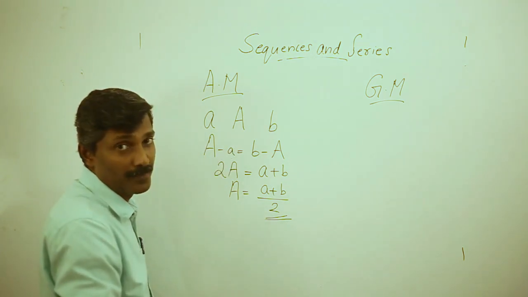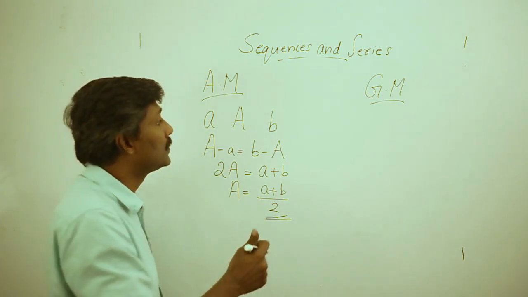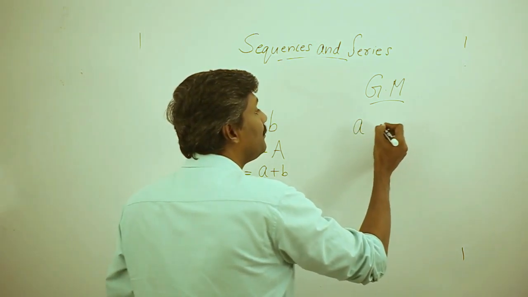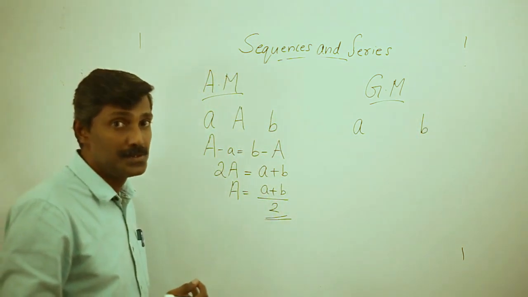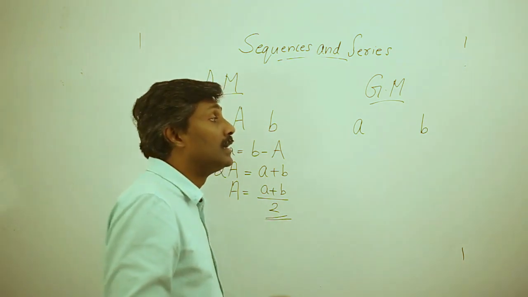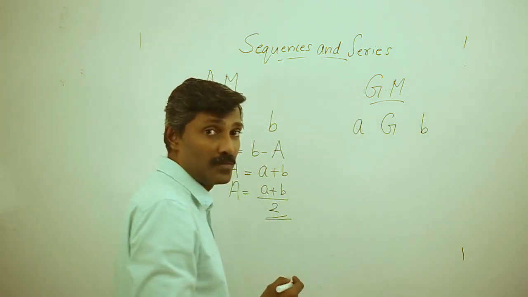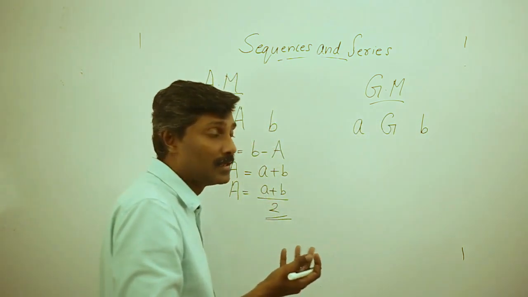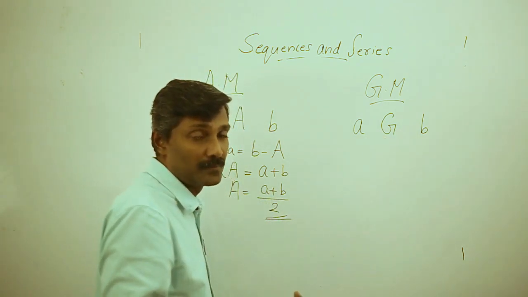Now what is GM? Obviously it is something related to geometric progression, okay? So we know that if a and b are in GP, or if we try to include another number, I would say capital G, which obviously is the geometric mean, we know that these three numbers are in GP, okay?